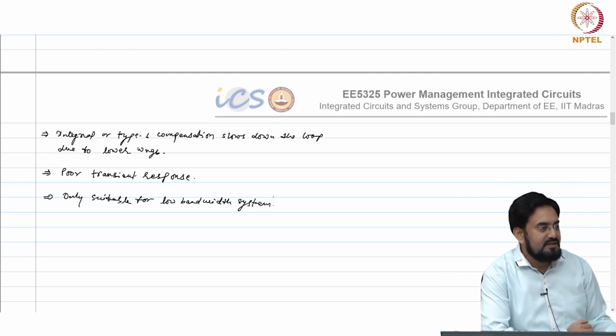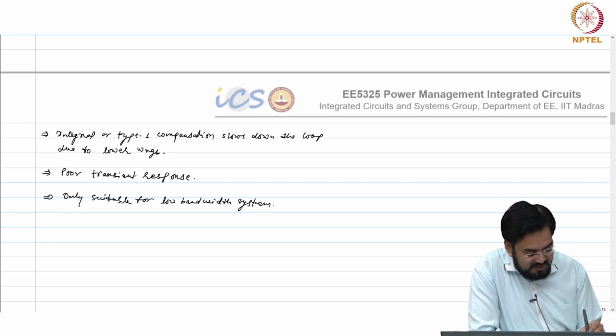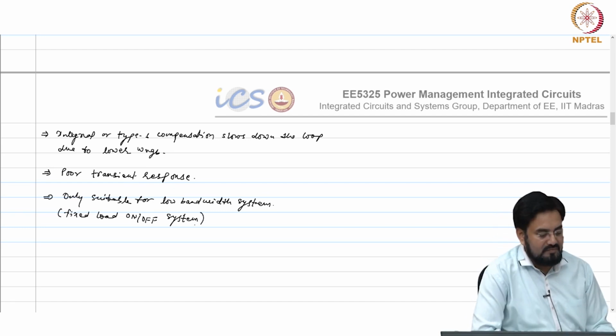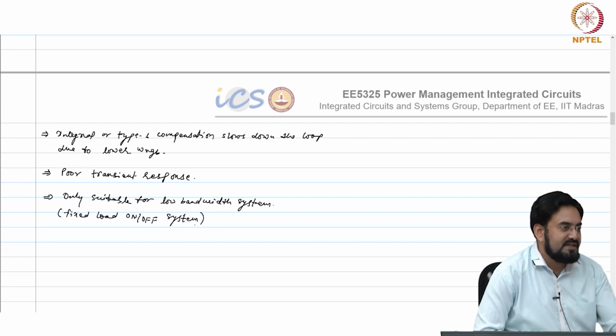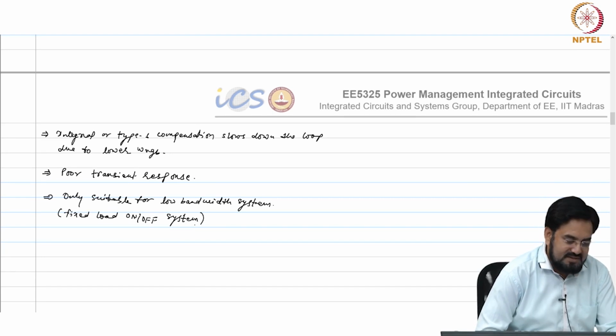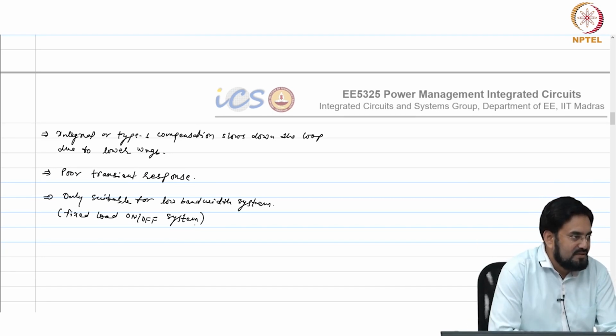which is only fixed load. Your example could be, let us say, a battery charger. Okay. So you are simply charging the battery, but you are not supplying any load, and the battery is usually charged with a fixed current.